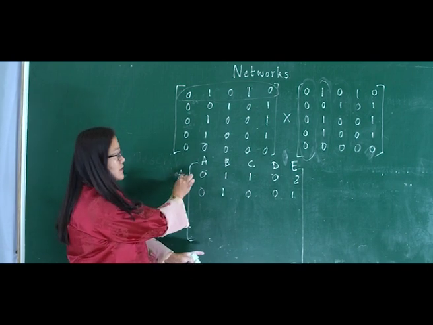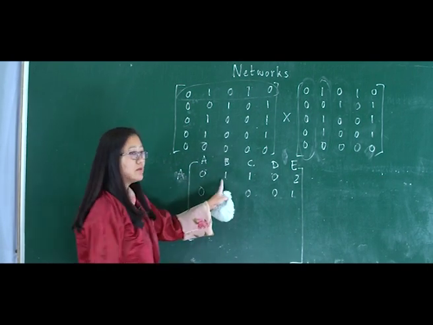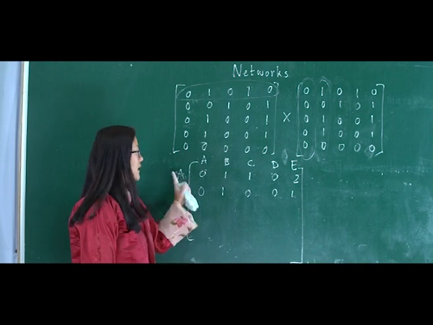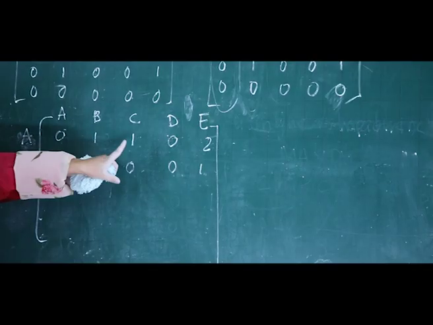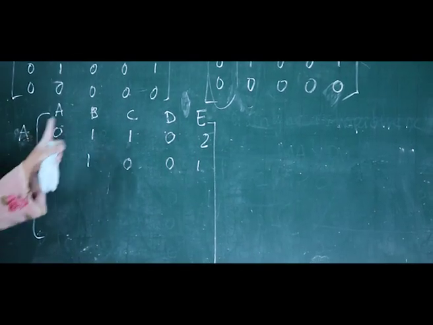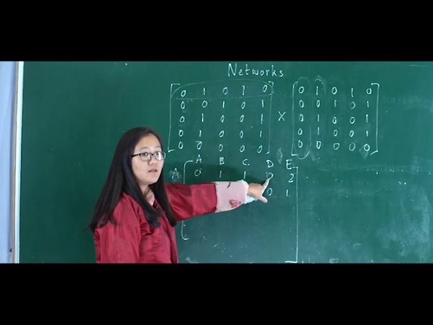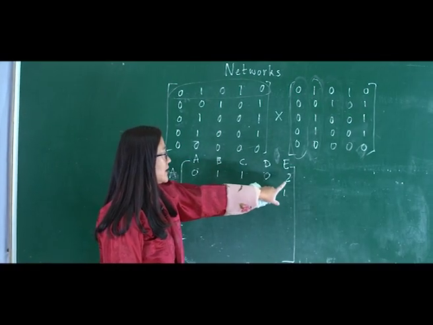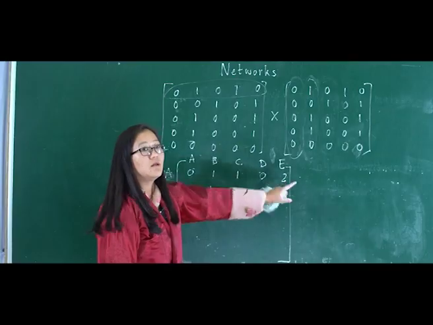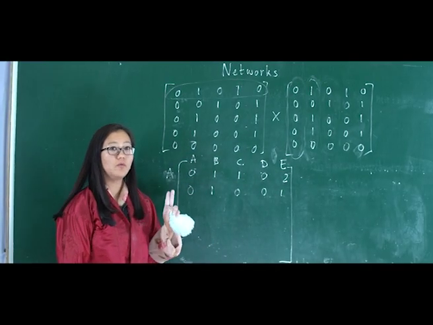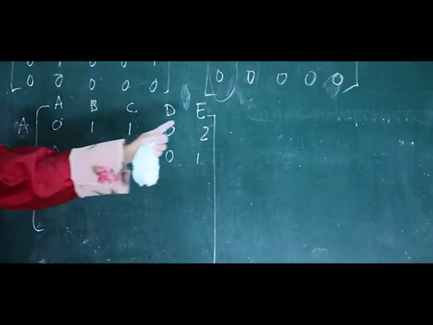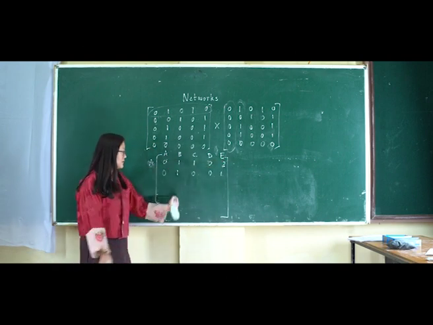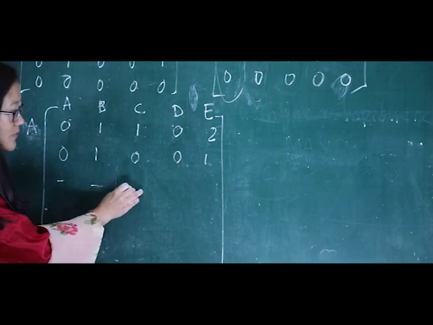And if you look into A to B, there is one stopover trip from A to B. There is one stopover trip from A to C. There isn't any from A to D, and here 2 would mean that there are 2 one-stopover trips from A to E. So the rest I want you to do on your own.